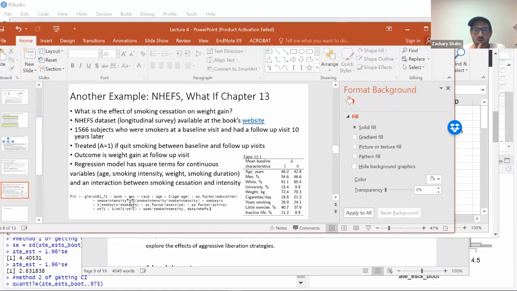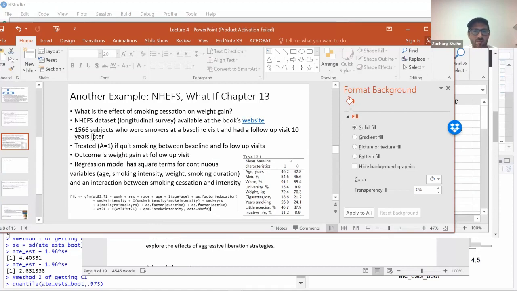And then they included one interaction term, which was between the treatment variable and smoking intensity, like the number of cigarettes per day. So they're saying they expected the effect of quitting smoking on weight gain might vary depending on how intense a smoker you were before you quit.